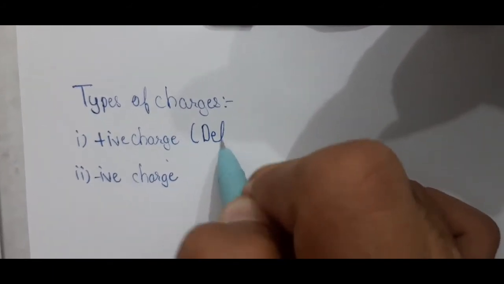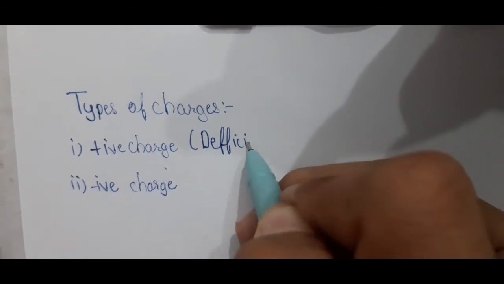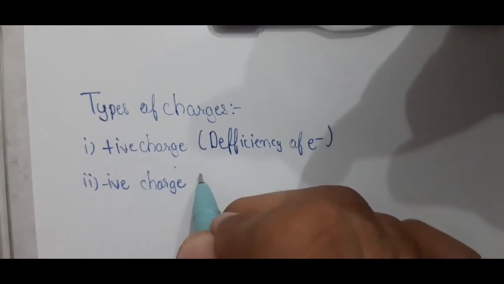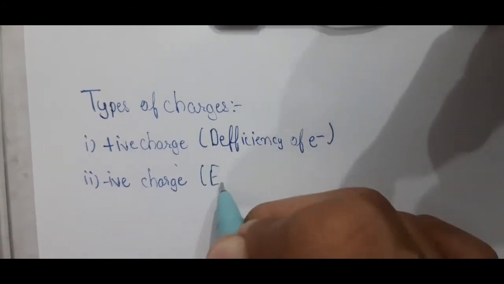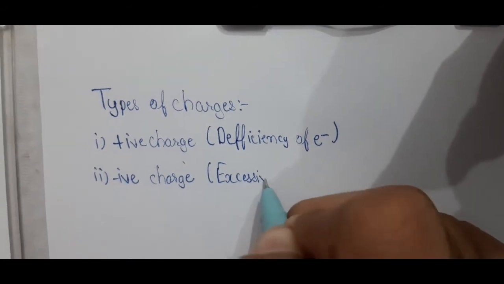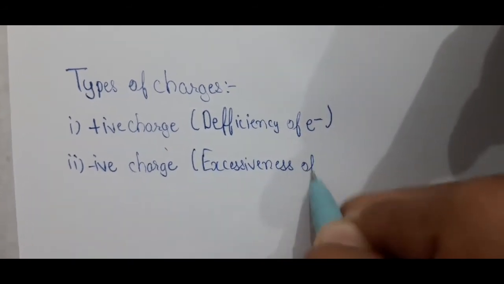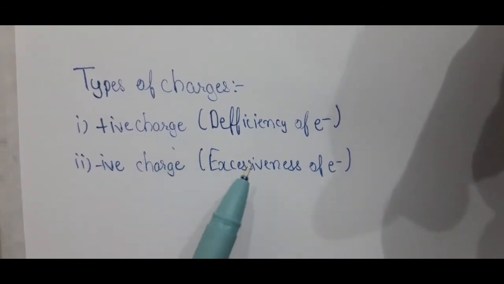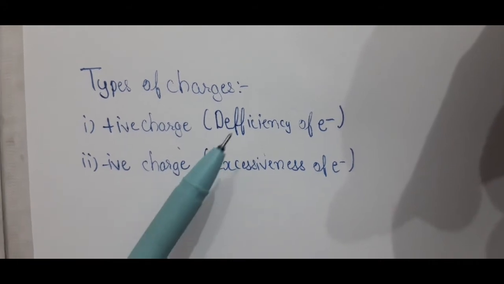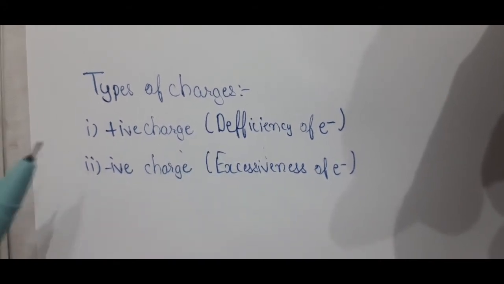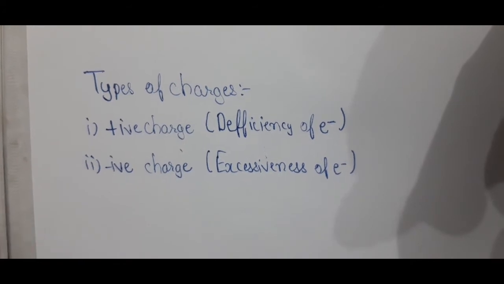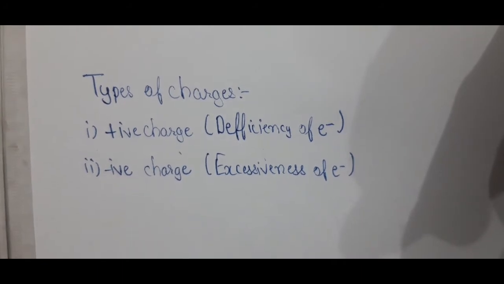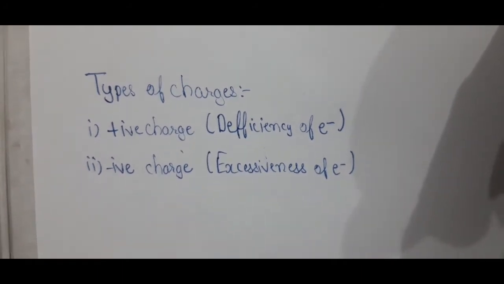Positive charge is deficiency of electrons and negative charge is excessiveness of electrons. When the electron amount is less than the amount of protons, then positive charge is generated, and when the electron amount is more than the amount of protons, then negative charge is generated on any object.